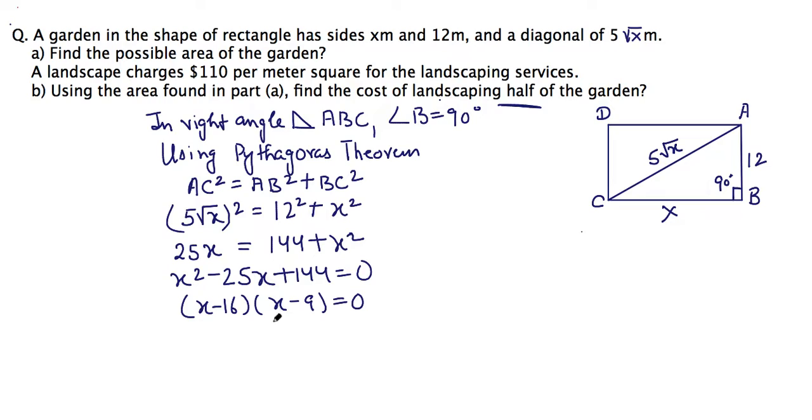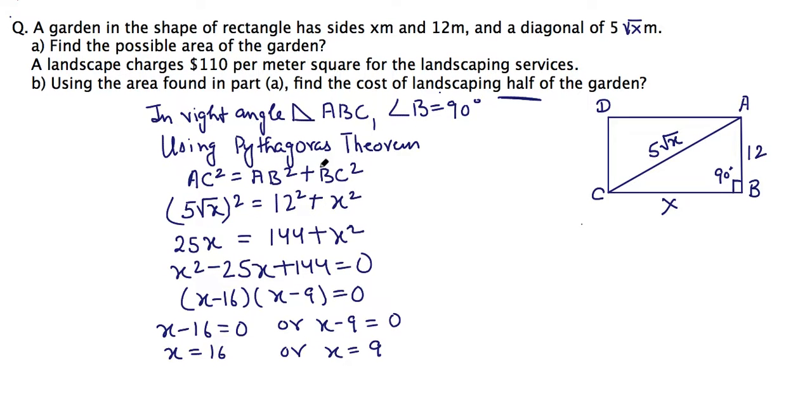So these are the two factors. From here we can say that x minus 16 is equal to 0, or x minus 9 is equal to 0. So we get x is equal to 16 or x is equal to 9.